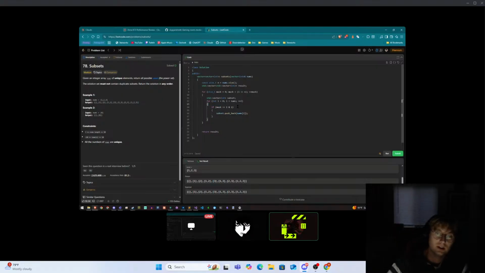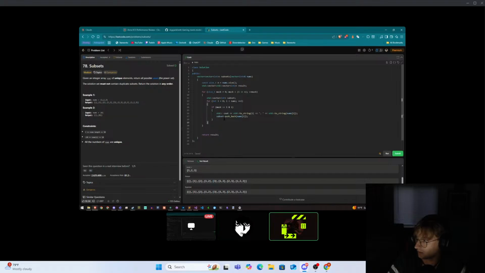So what I could do, for example, is std::cout nums[i], and then I'll also do std::string i. We'll do it like this. So we'll have the index printing and then the number.